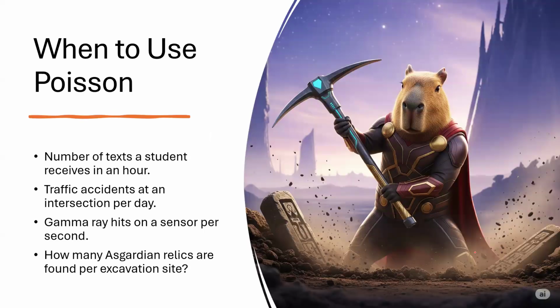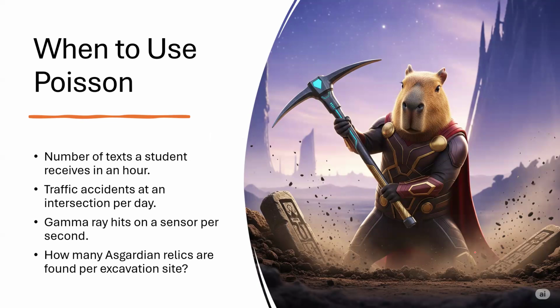Let's talk about when Poisson is the right tool for the job. Well, if you're counting how many times an event occurs, the events happen independently, one doesn't influence the next, and they occur at a constant average rate over time or space.